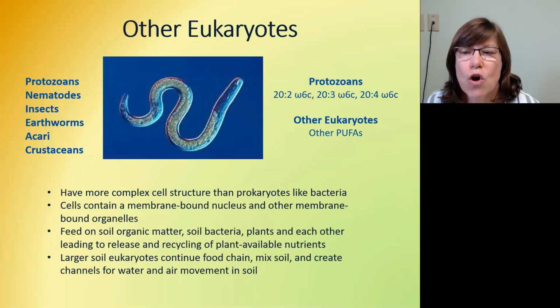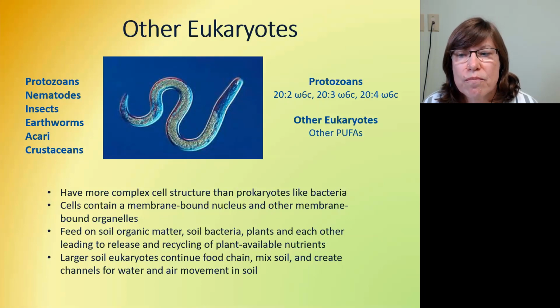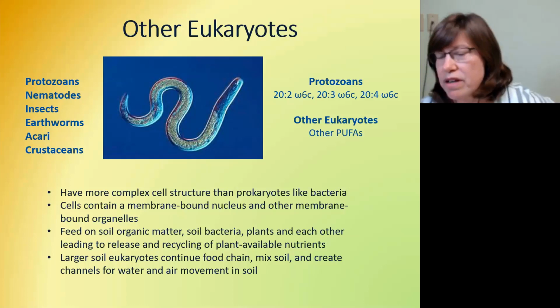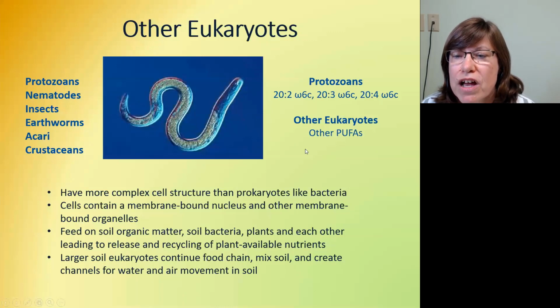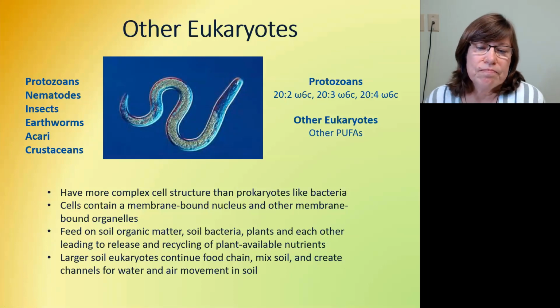Other eukaryotes are indicated by fatty acids that are polyunsaturated, which means they have 2 or more double bonds. So in this group, you have protozoans, nematodes, insects, earthworms, acari, crustaceans. The protozoans are indicated by the 20 carbon length fatty acids, and the other eukaryotes are indicated by other polyunsaturated fatty acids.